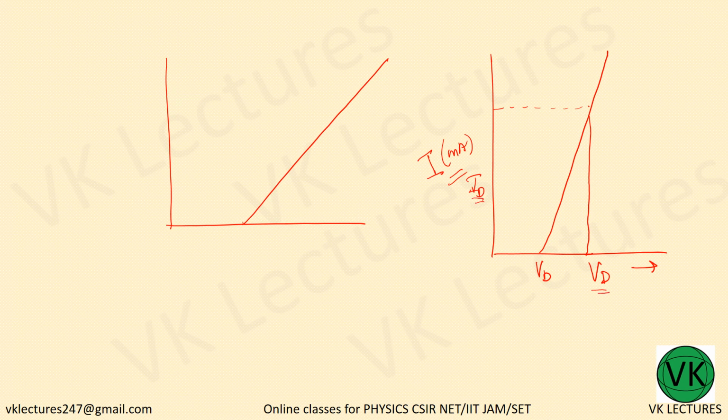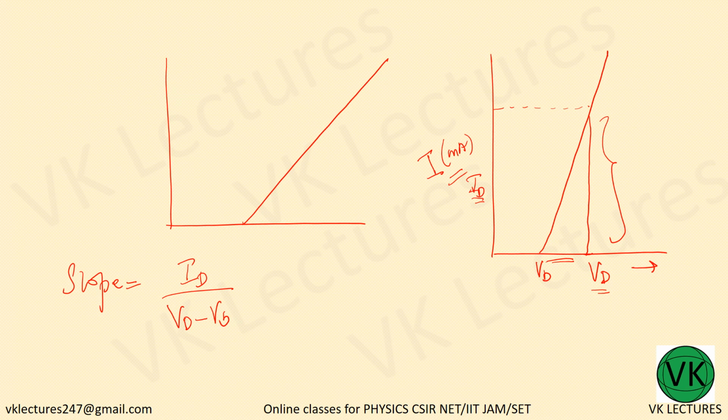Now what is this slope? Slope is nothing but y by x. What is y? That is ID. So ID by (VD minus VB). That is the slope. Now what is the slope actually?